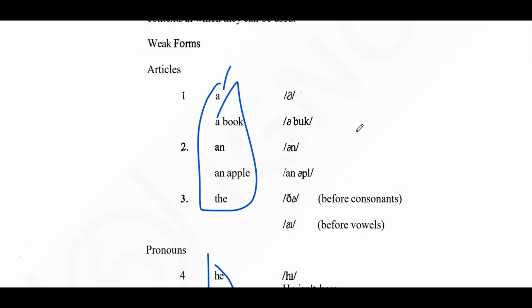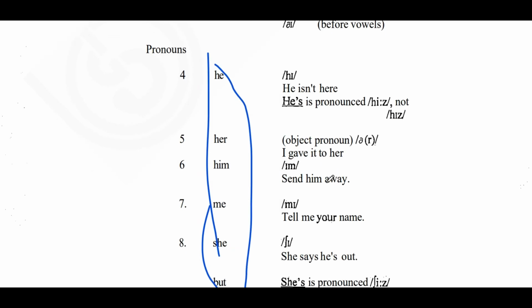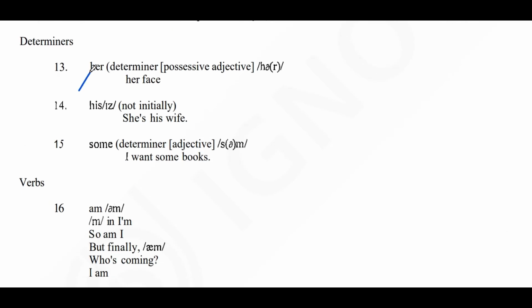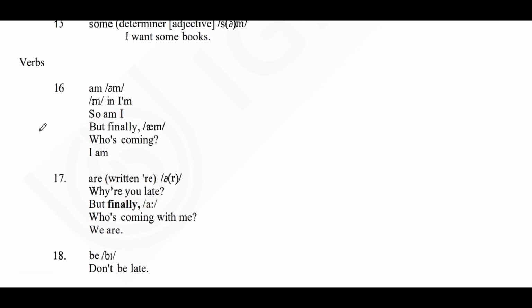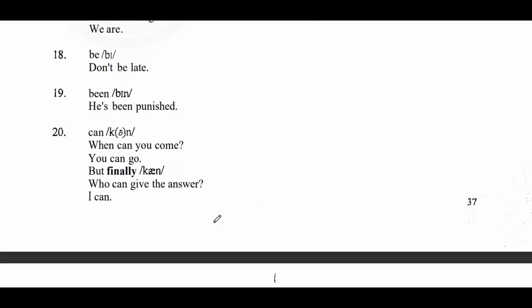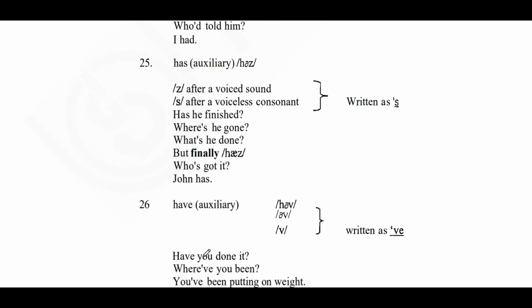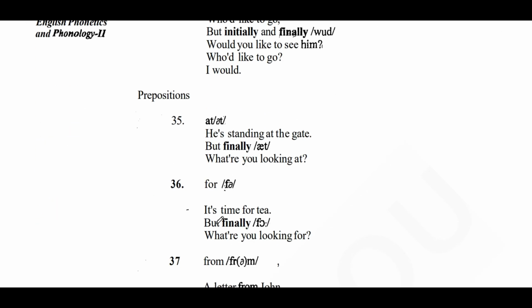So you will definitely be emphasizing more on book and less on a, unless it's a specific situation. Then he, his, her, him, me, the pronouns, okay, them, all of these. Determiners would be unstressed as well. And then these helping verbs would be unstressed as well. Be, been, am, are, okay. Auxiliary verbs, all of them, will also be unstressed. The modal verbs are also unstressed, okay.